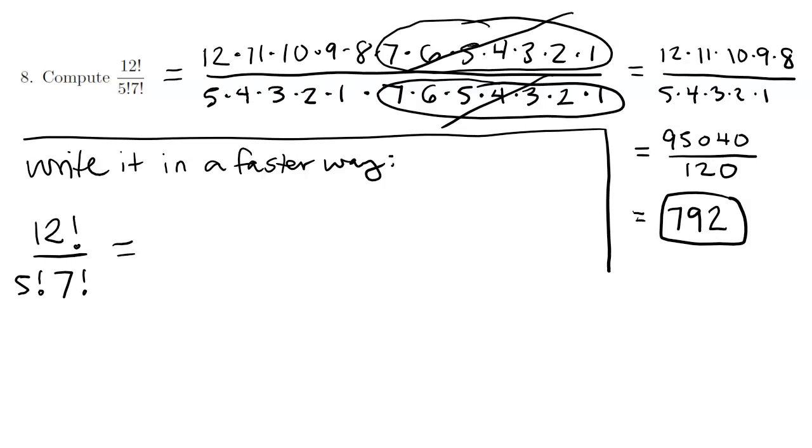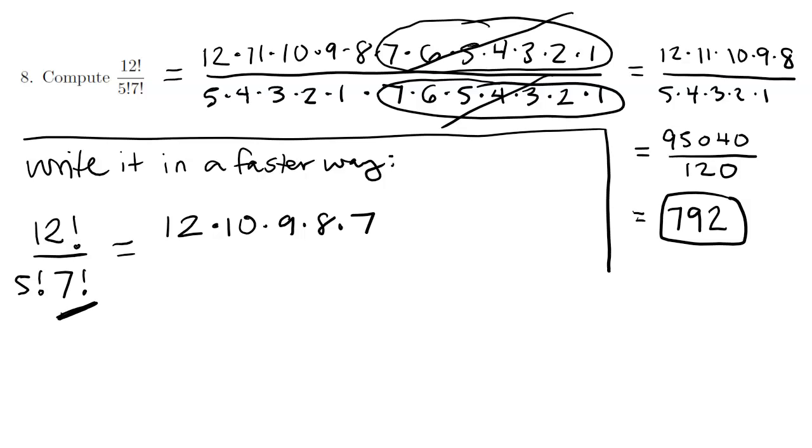So I'm going to start to write out 12 factorial. I'm going to write 12 times 11 times 10 times 9 times 8 times 7. And let's think about what's going to come next. It would be times 6 times 5 times 4 times 3 times 2. But notice in the bottom, I also have a 7 factorial.